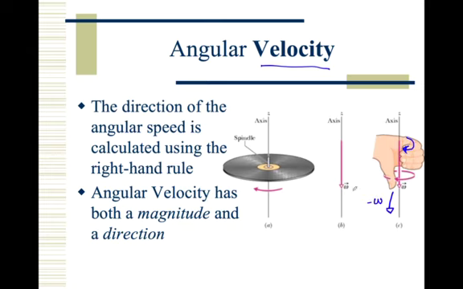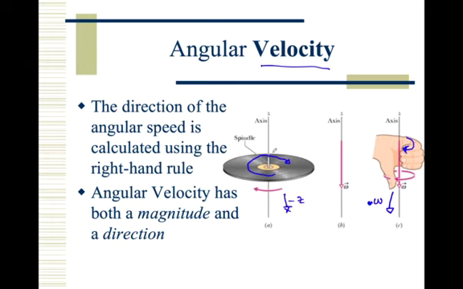Sorry, it's omega, which is in the negative y direction, or in this case, they labeled it z. So for this object rotating in this direction, if you use your right hand, you could try it right now, and point your fingers in this direction, you'll find your thumb pointing down, in the negative z, though I would actually call it negative y.